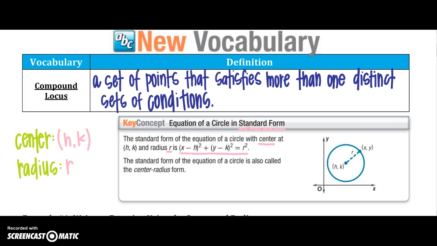So I'm going to have x, I start out with minus, and then h goes there from our center, quantity squared, plus y minus k, and we will substitute these pink numbers, equals r, my radius, squared.